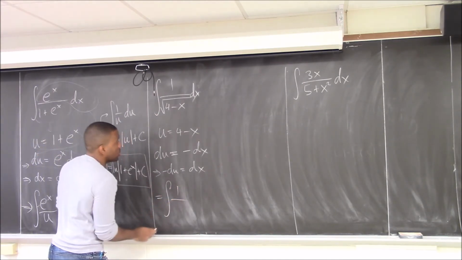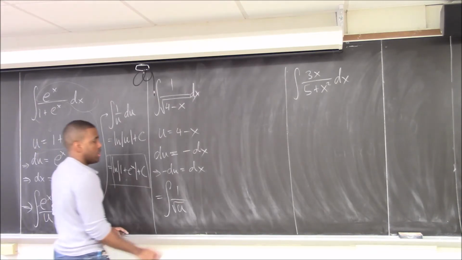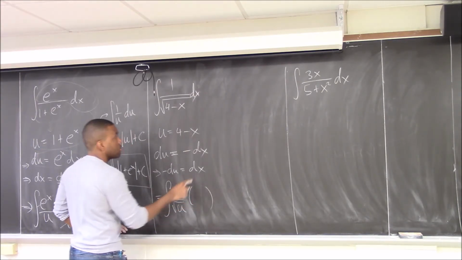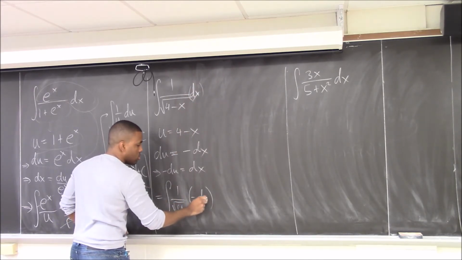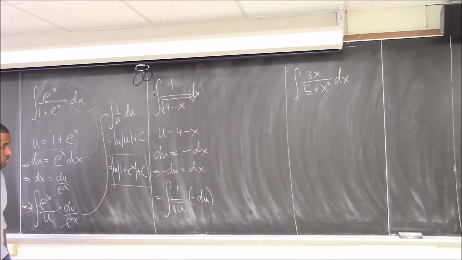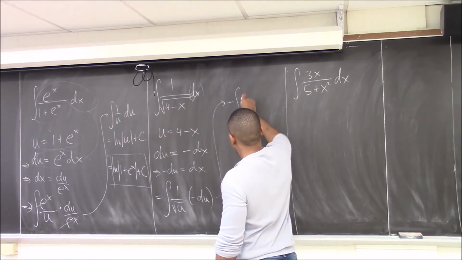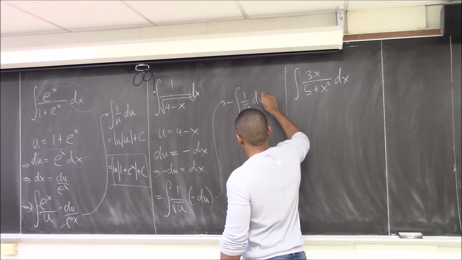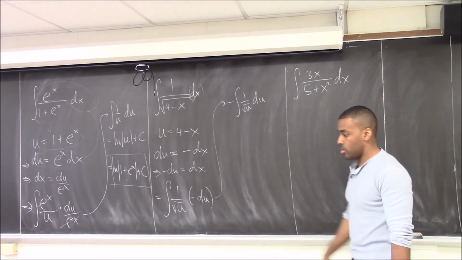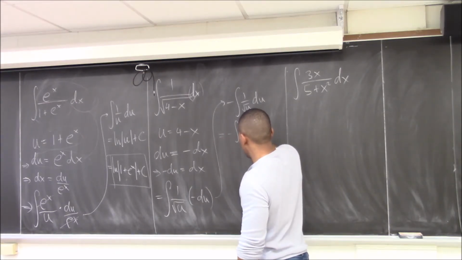And so now I can plug everything in. So this is 1 over the radical of u. And my dx becomes minus du. I can factor that minus out. I have that expression, which at first might look a little complicated, but it's really just u to the minus 1/2.